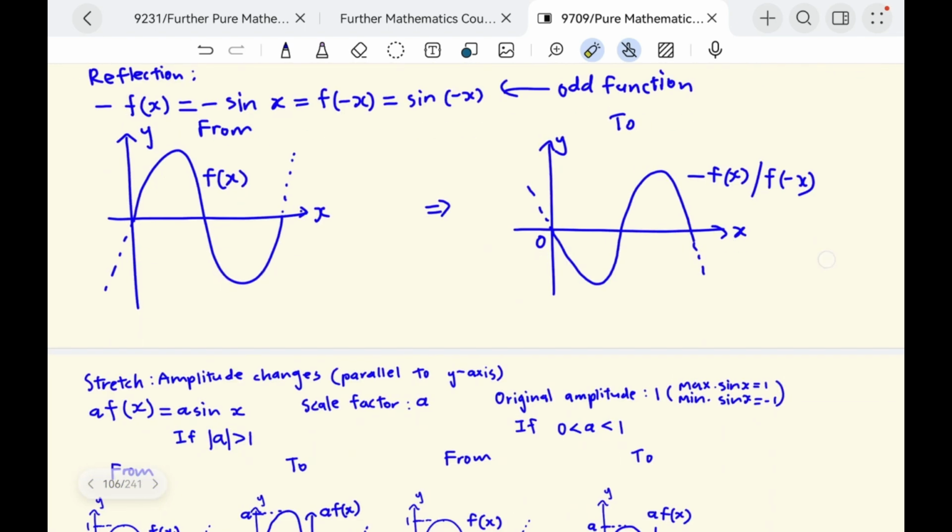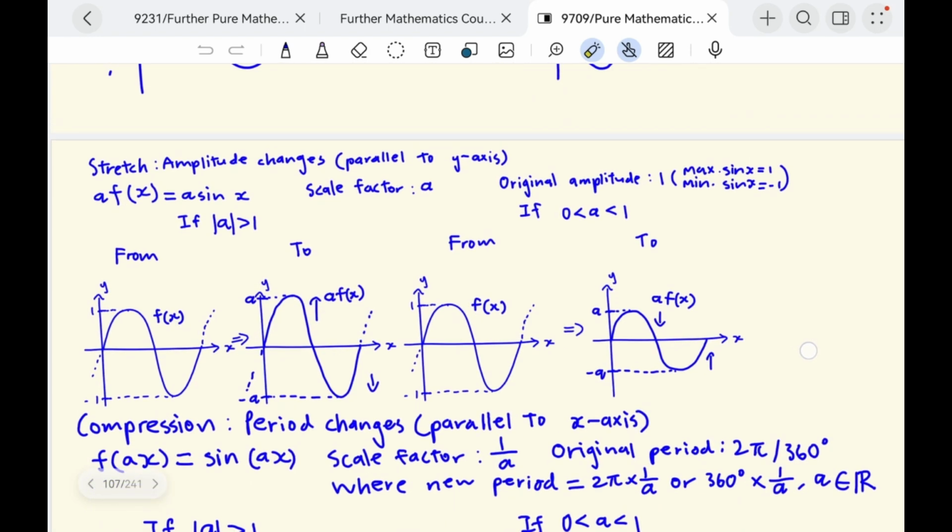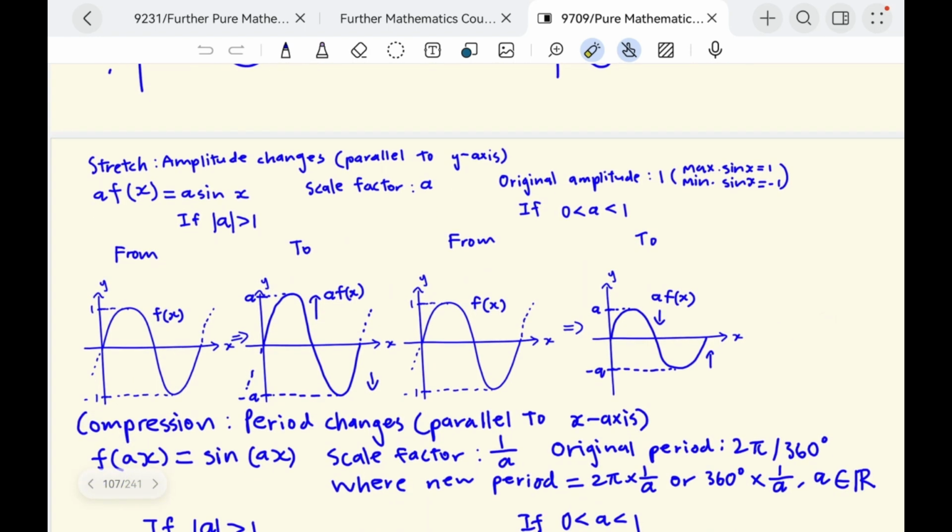So now let's move on to the last transformation for the sine function, which is the change in amplitude, which is parallel to the y-axis. If you multiply a beside the entire function, a sine x, provided the modulus of a is greater than 1, you stretch the sine graph by a times.